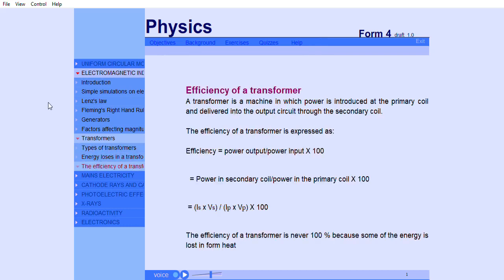Efficiency of a transformer. A transformer is a machine in which power is introduced at the primary coil and delivered into the output circuit through the secondary coil.